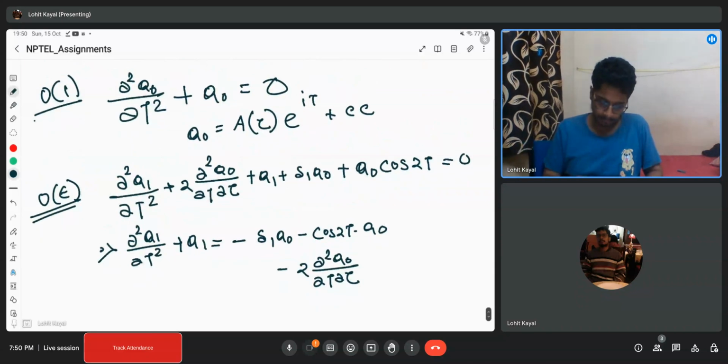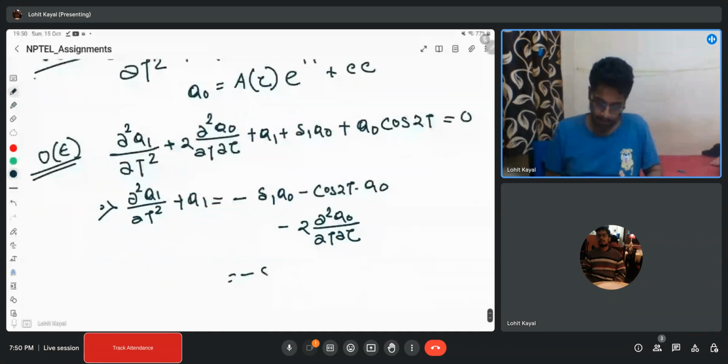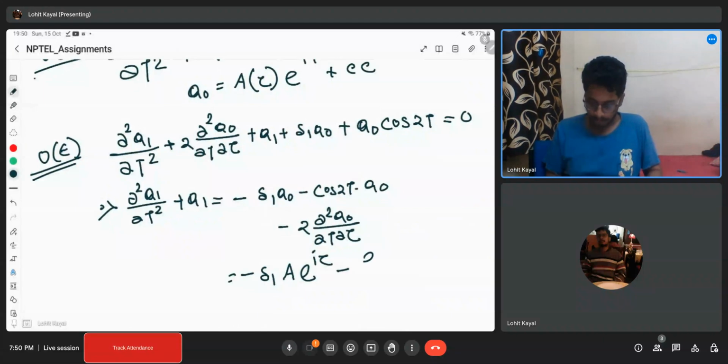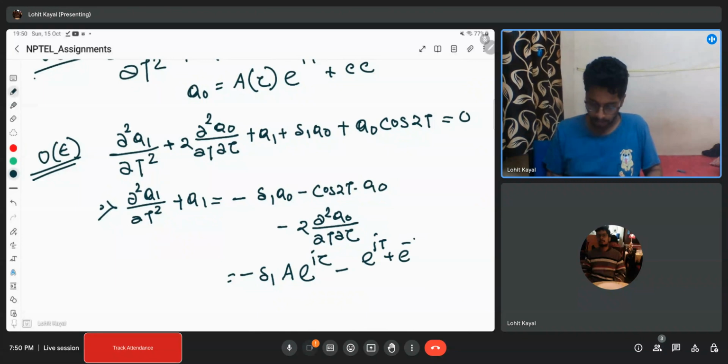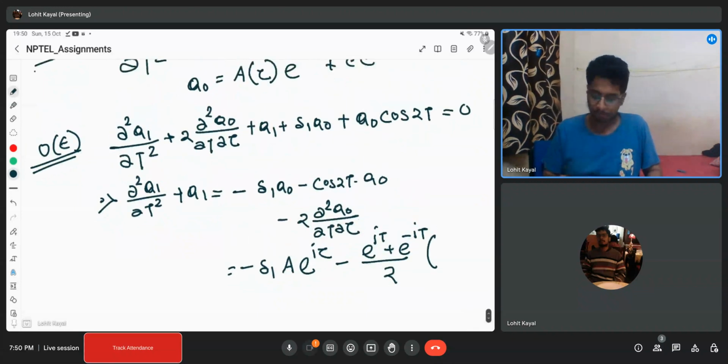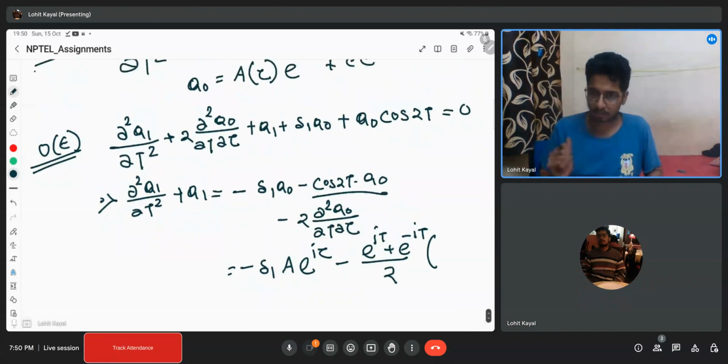It will be equal to minus δ1 A e to the power iτ minus (e to the power i t plus e to the power minus it) divided by 2. So I will now write the CC term as well, only for this term, you will understand why.